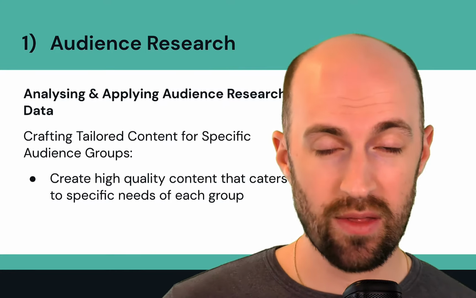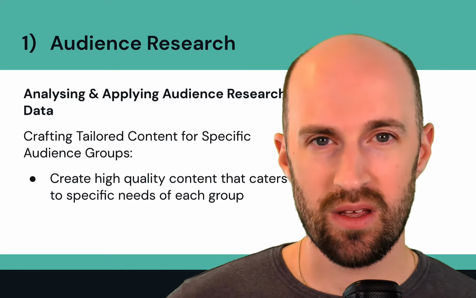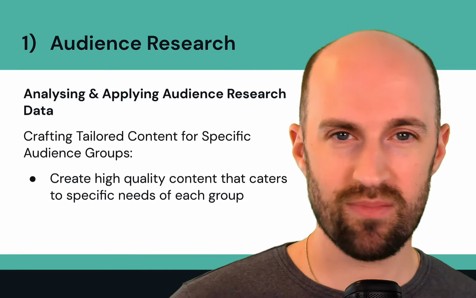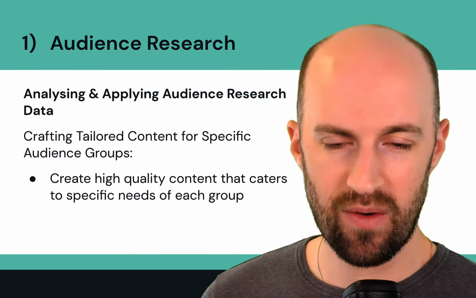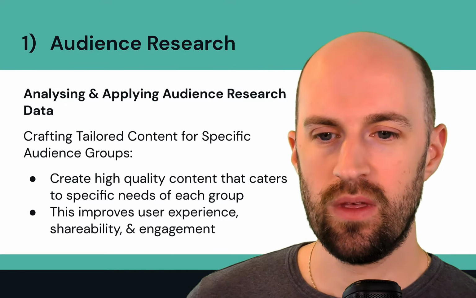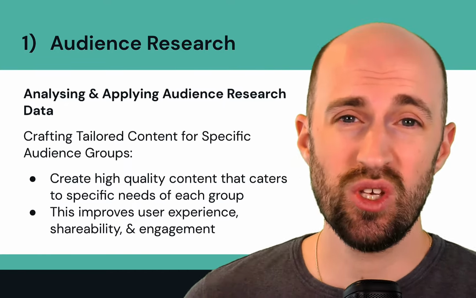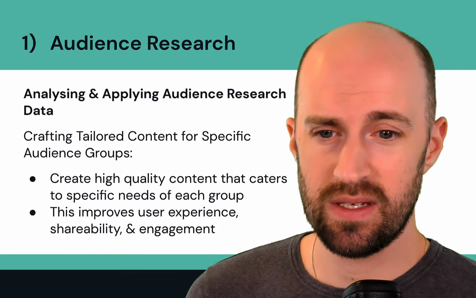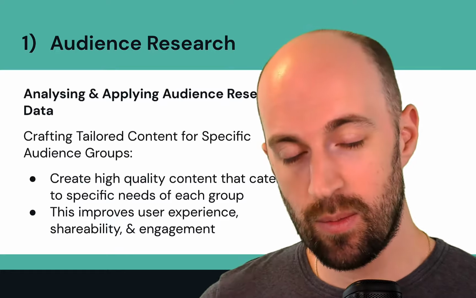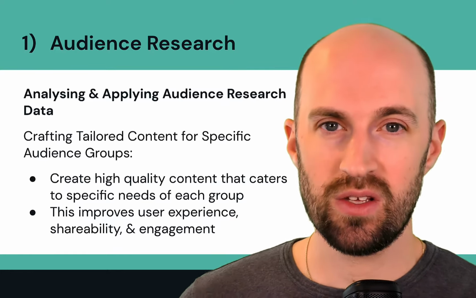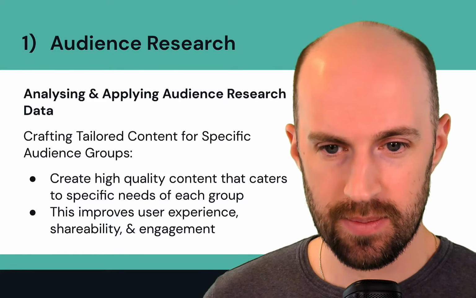Then you would write another article that aligns with segment C of your audience, and so forth, depending on the persona that you're talking to. Again, this improves the user experience for each segment, increases the shareability and the engagement, and they're more likely to link back, so you can create more backlinks naturally.